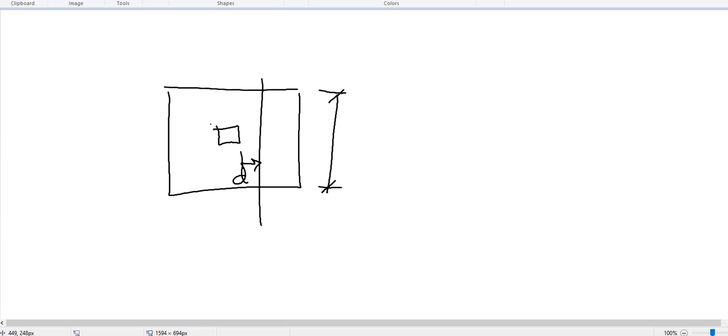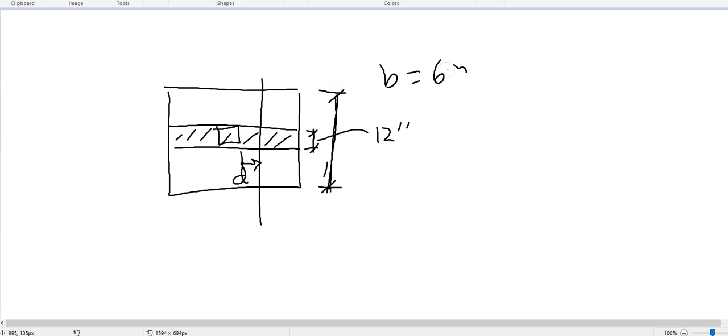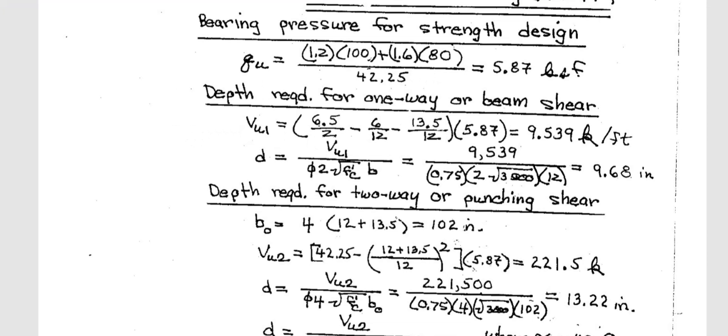But what your problem is doing, they are assuming a 1 feet strip. So they are assuming this 12-inch strip. This is what they are telling, kip per feet. It doesn't matter. If you consider the entire width, your b will be the entire 6.5 feet. If you consider a small strip, your b will be 12 inch. So that is the key point. Whatever you assume, both are right. So you can see here.